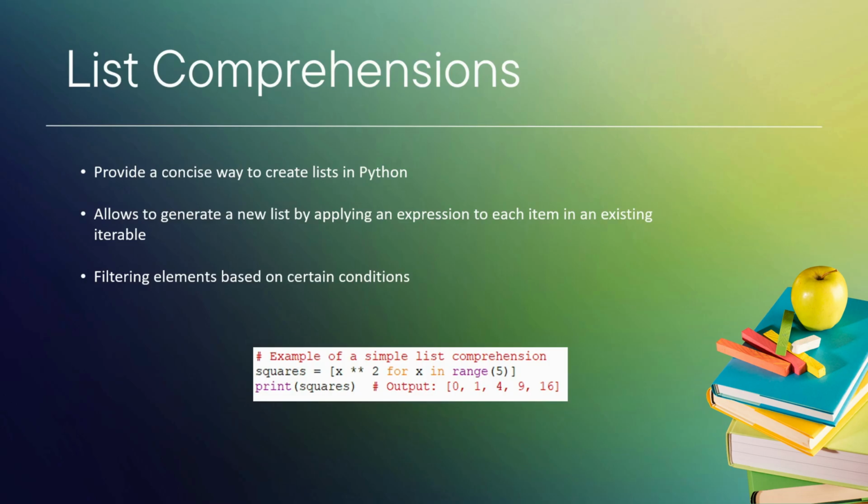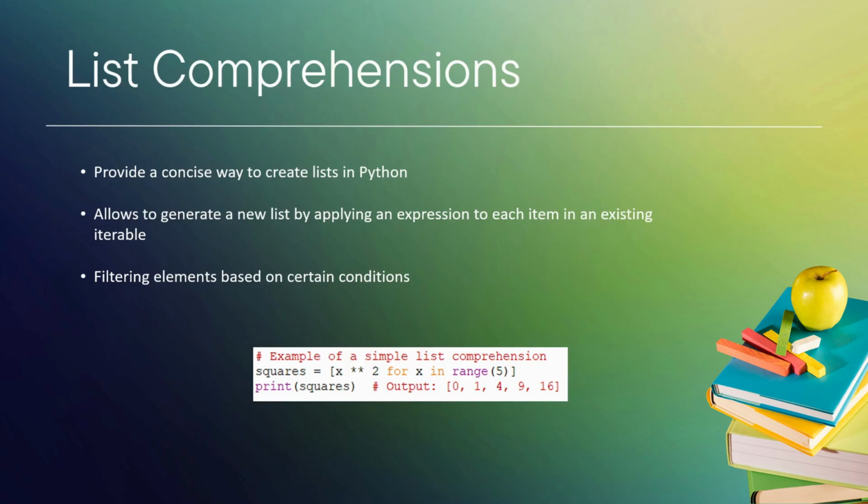List comprehension is a concept or a syntax that allows us to create lists in a concise way, quickly creating lists with data in the list when we are defining it.